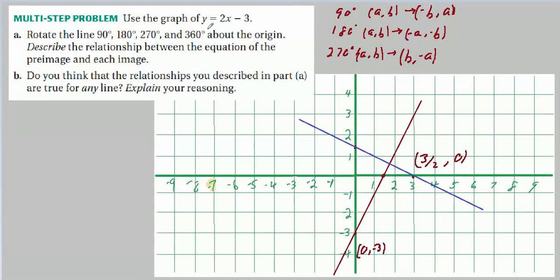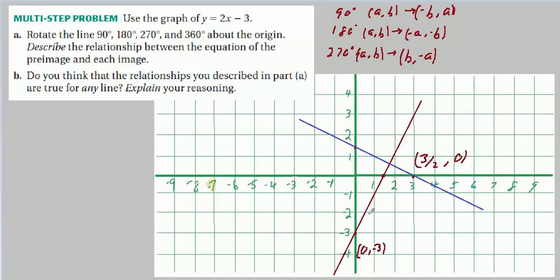Now we can take advantage of some things here. For instance, since the line crosses the axes, we plot the 2 points where it crosses. And it's very easy to rotate these axes 90 degrees, isn't it?